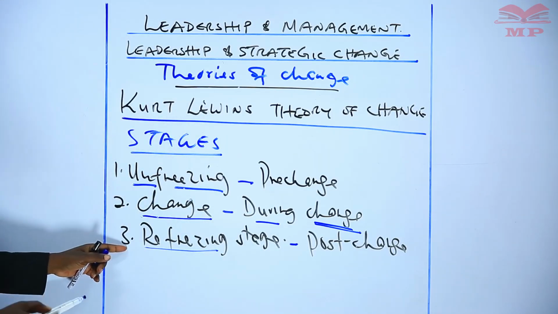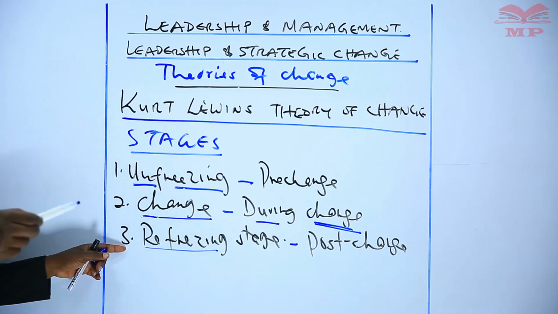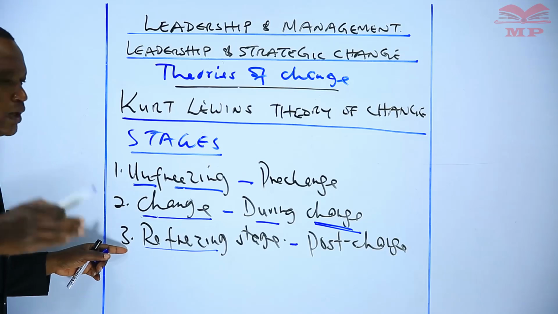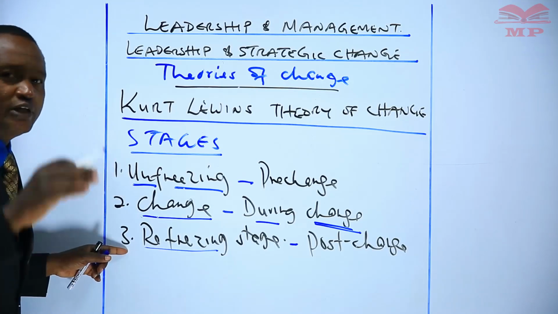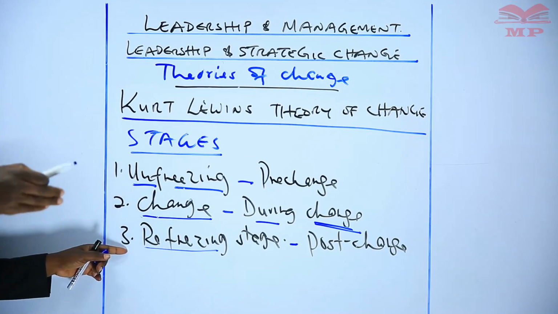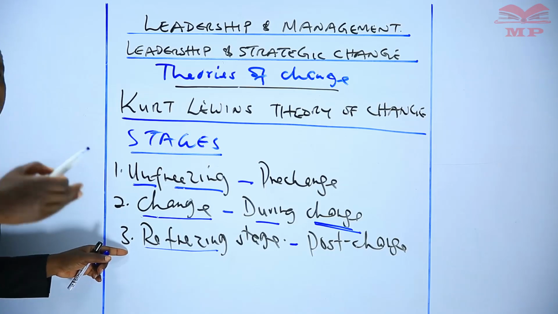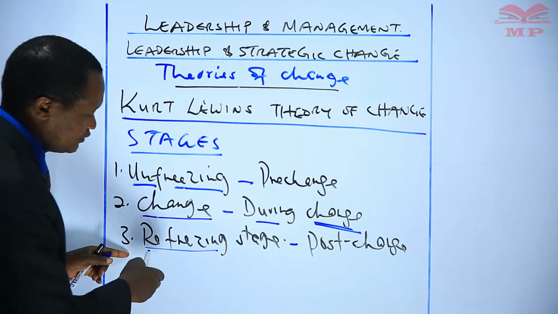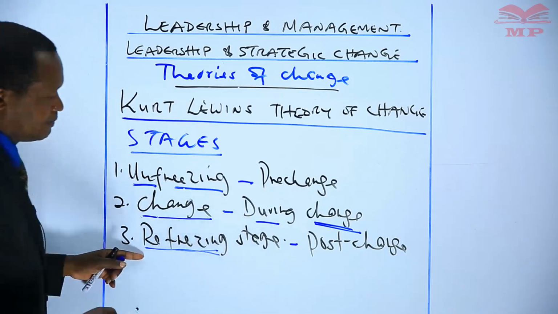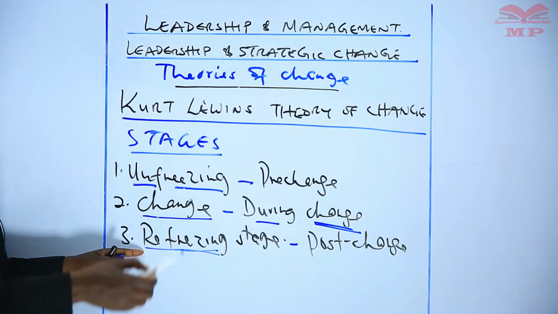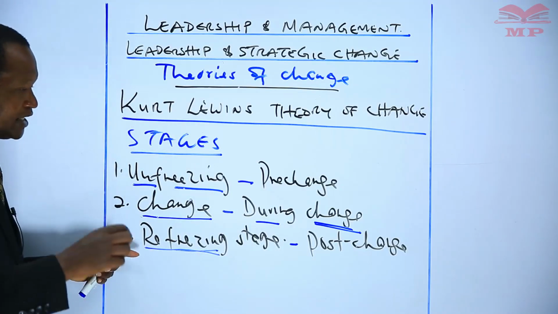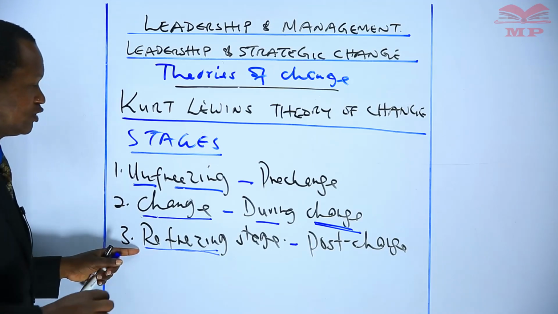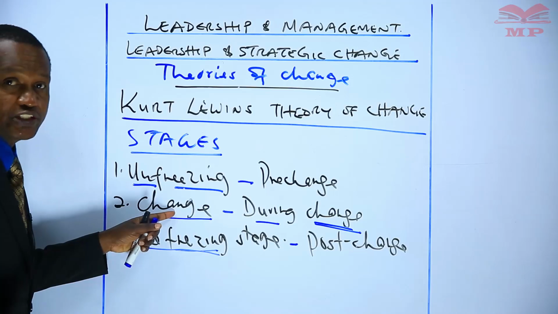here, this stage seeks to stabilize the group at a new quasi-stationary equilibrium in order to ensure that the new behaviors are relatively safe from regression. Now, refreezing ensures that the employees are stable in terms of the new behaviors that are developed as a result of the change.